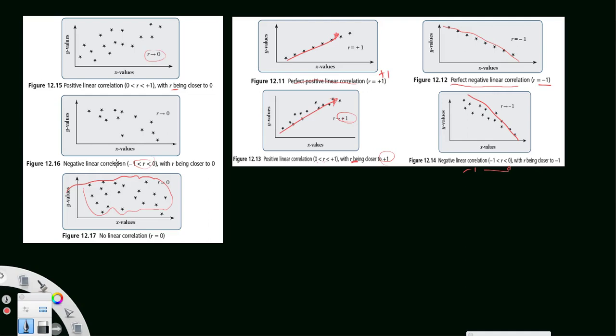But a Pearson correlation does not imply a cause and effect relationship. It's merely an observed statistical association. What we also need to remember is that a low correlation does not necessarily mean that those variables are unrelated.